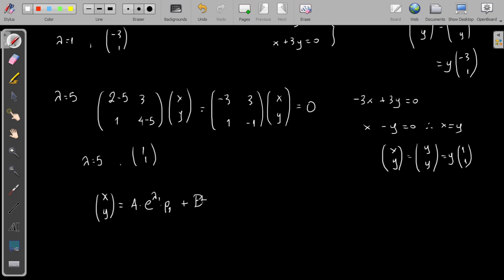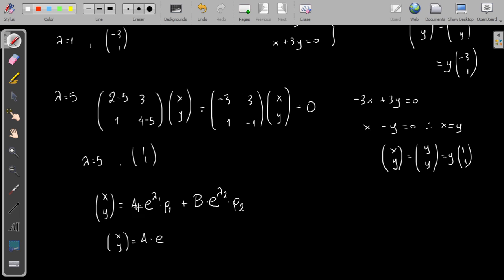These are based on the initial conditions. We will see another example. Times e to the second eigenvalue times my second eigenvector. That's the general solution.